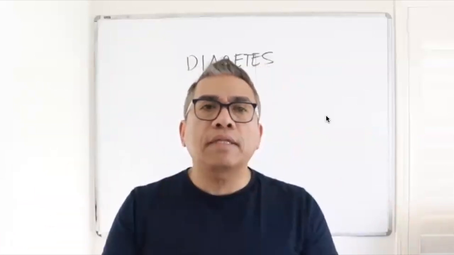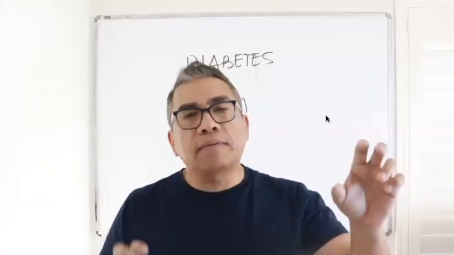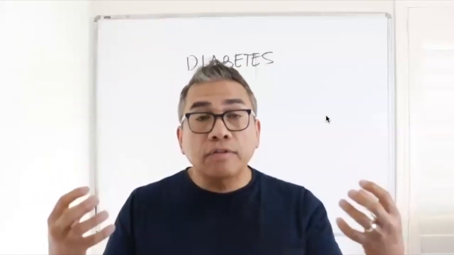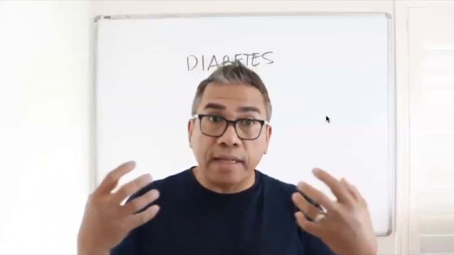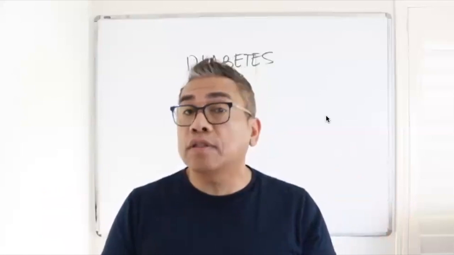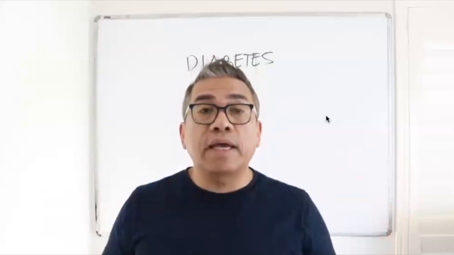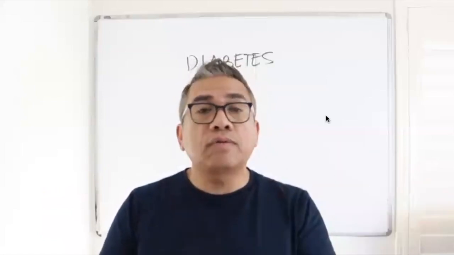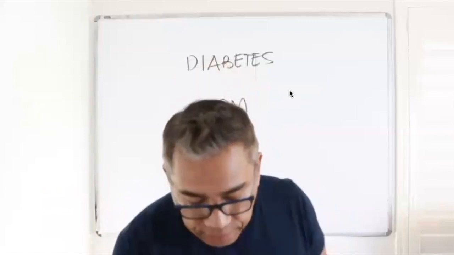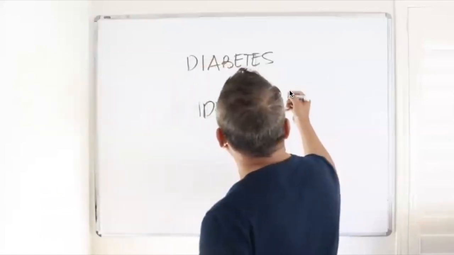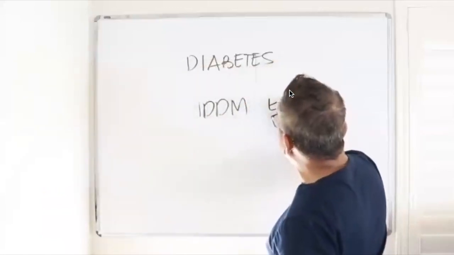You automatically assume that diabetes and peripheral neuropathy are connected. So again, you no longer use the E11.9, the unspecified code.